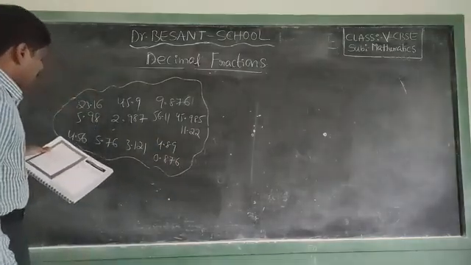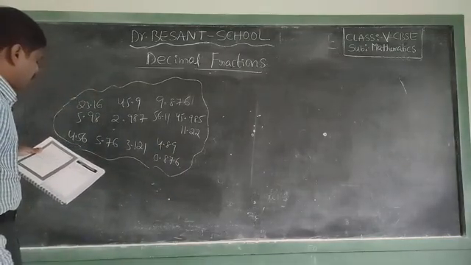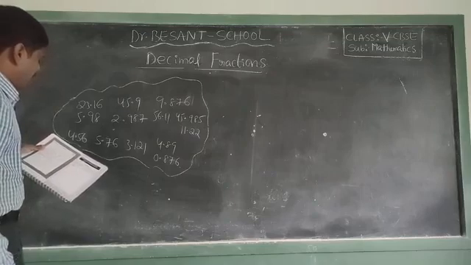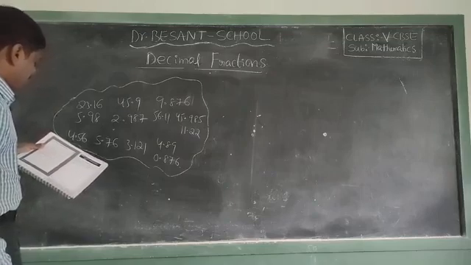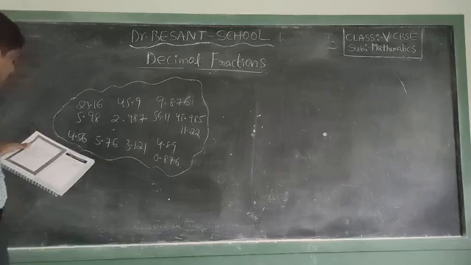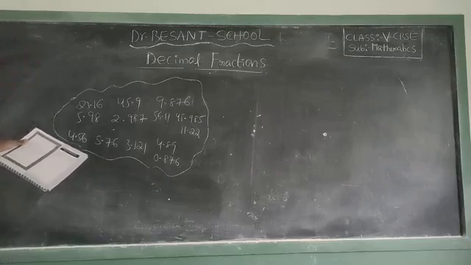So all these are unlike decimals. To convert the unlike decimals to 3 decimal places. Okay.